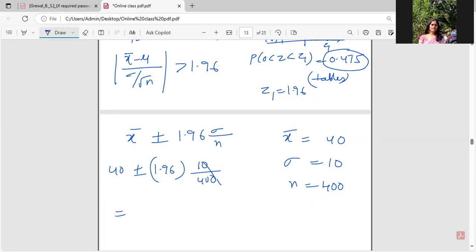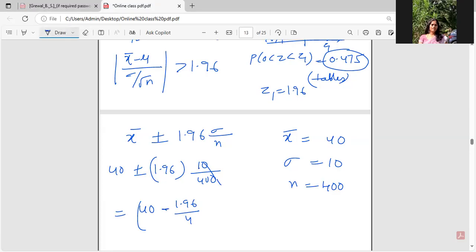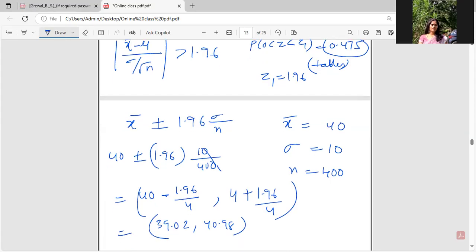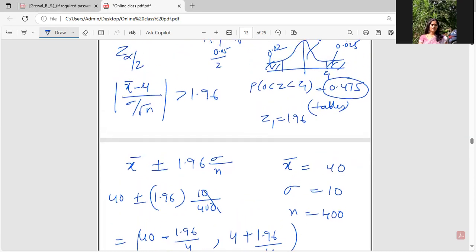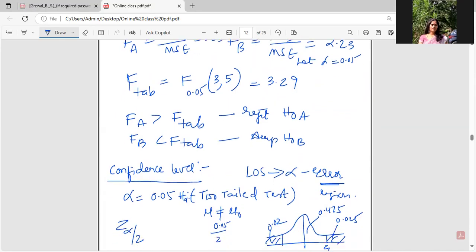So this value I will get to be 40 plus 1.96 by 2 is the right side value, and 40 minus 1.96 by 2 is the left side value. So this gives me 39.02 to 40.98. This is the confidence interval for the given values of mu and sigma. This is how I'll calculate the confidence interval if I'm being asked.